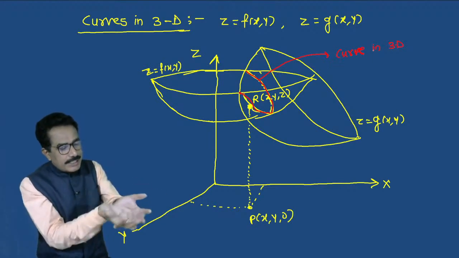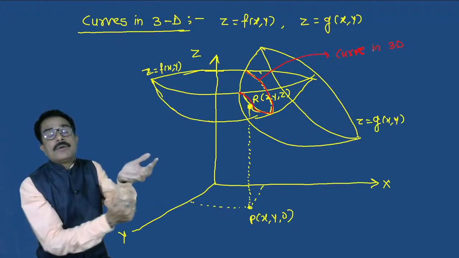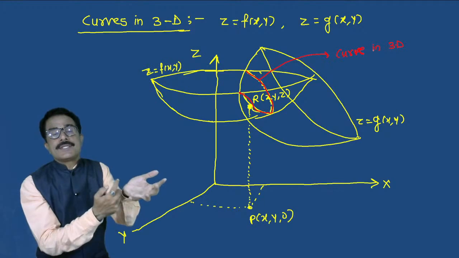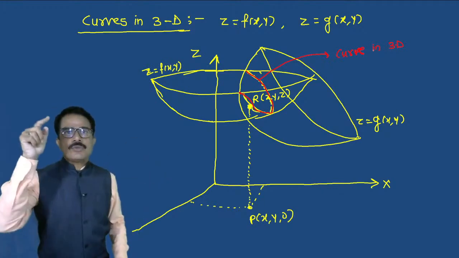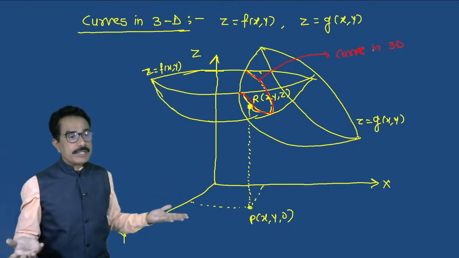If we consider the intersection of two surfaces, then the common locus of the common points of the two surfaces gives a curve in 3-dimensional geometry.